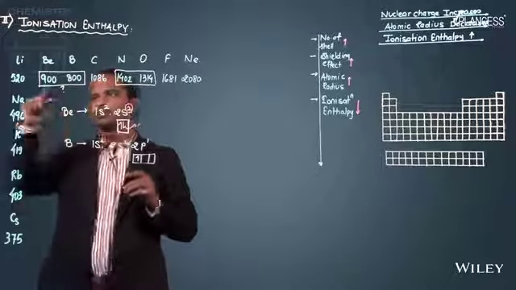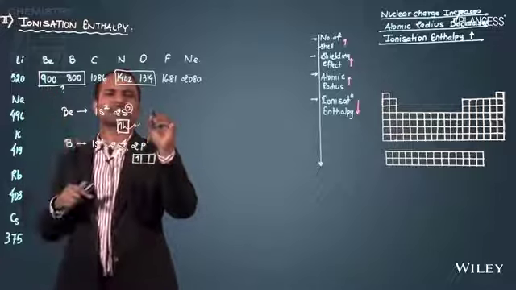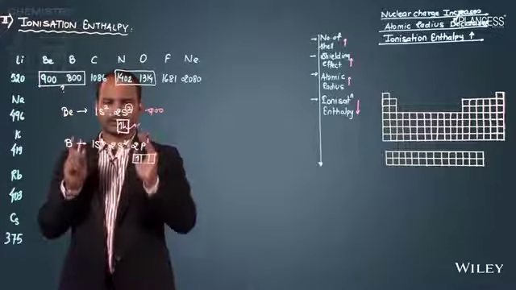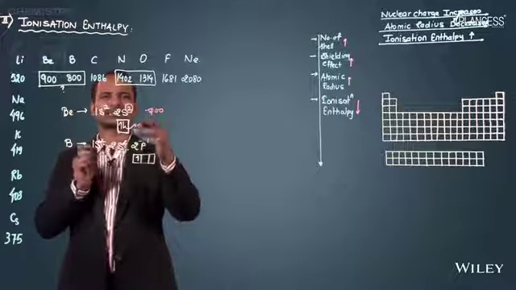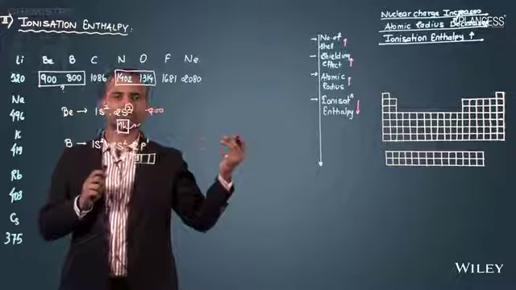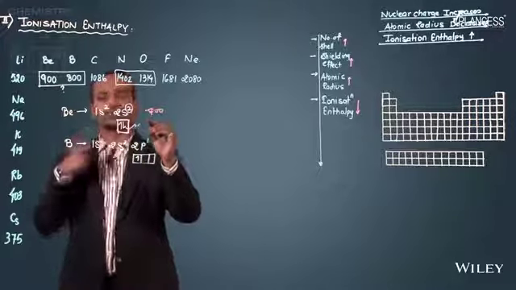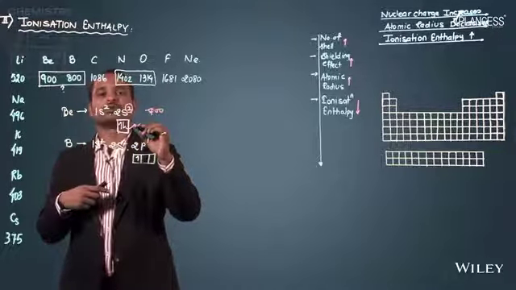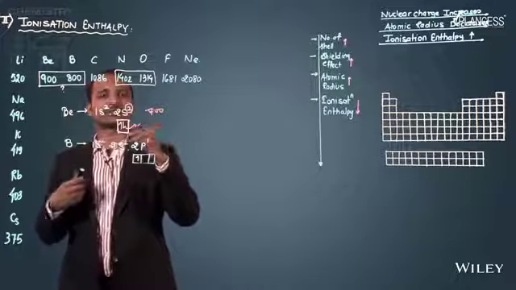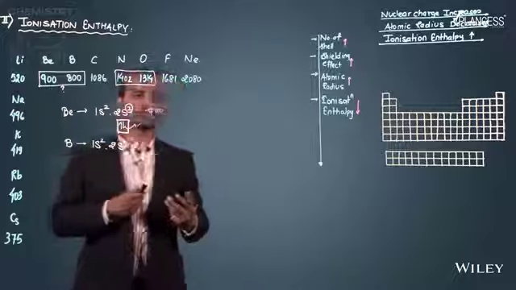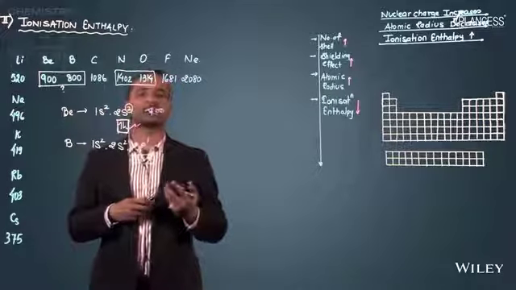For example, suppose this was 520, so this value will be somewhere around 700. For beryllium it requires around 700 kilojoules of energy to remove the electron, but since it will lose its stability after removing the electron, it does not lose it easily, and that's the reason we have to supply more energy.